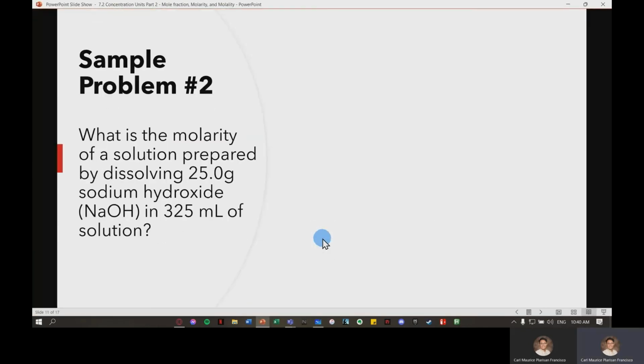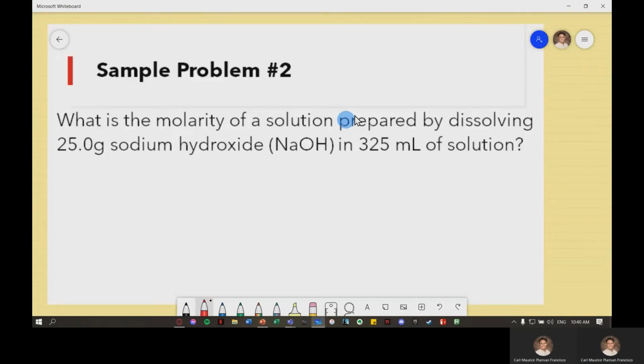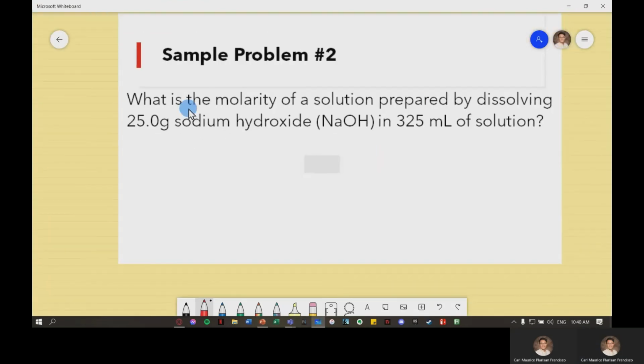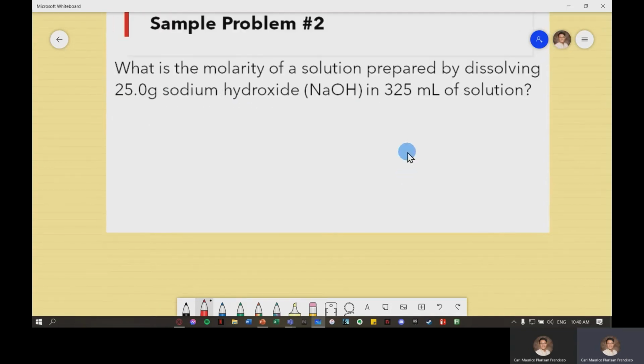Let me give an example. What is the molarity of a solution prepared by dissolving 25 grams of sodium hydroxide in 325 milliliter solution? So given 25.0 grams sodium hydroxide, automatically this is solute, and then 325 milliliter of solution.